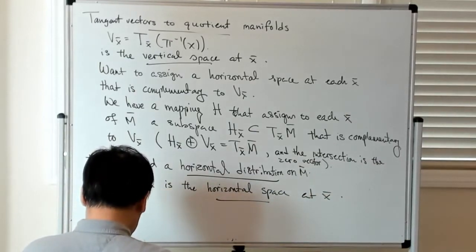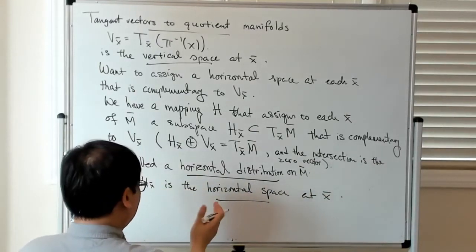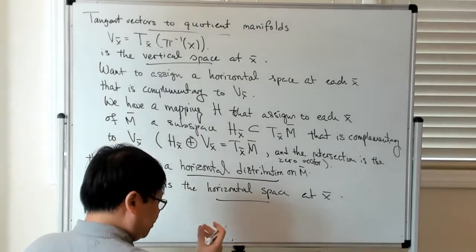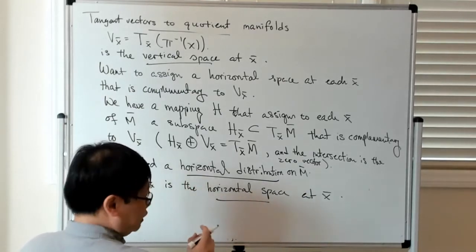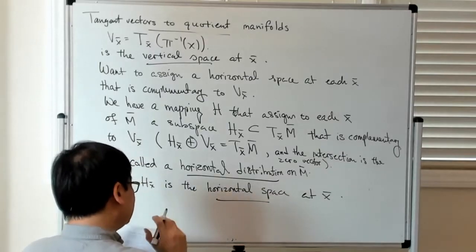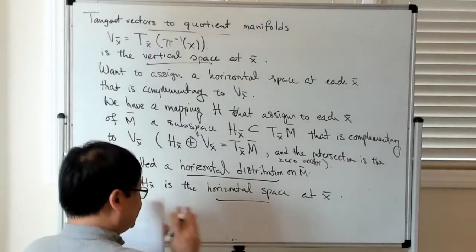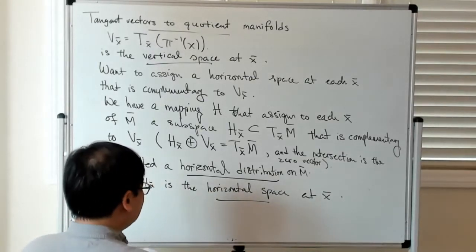Once you have a horizontal distribution, for every point x bar in M bar you have this split of the tangent space into horizontal and vertical subspaces.